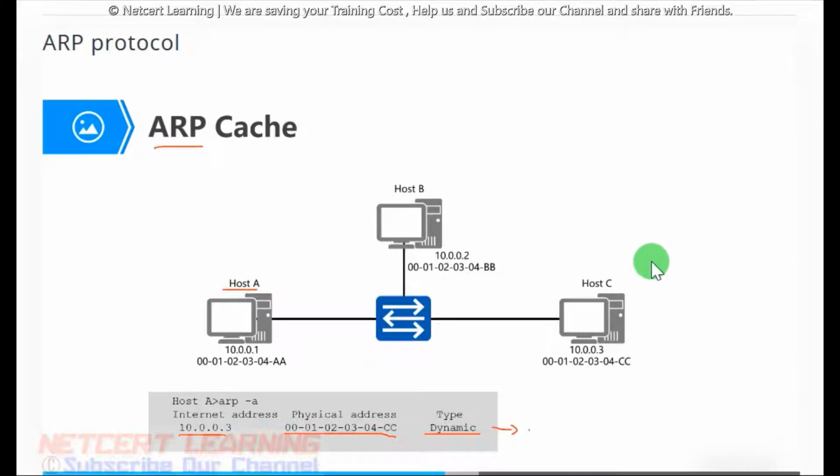After this period, the item will be deleted. This item is not permanent. It only exists in host A's ARP cache for one period, for some seconds or some minutes, depending on the operating system. Then this ARP item will be deleted.